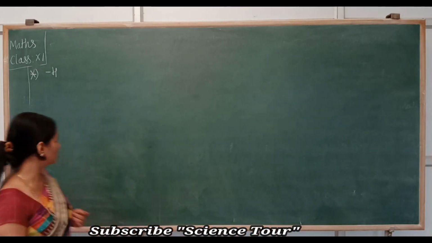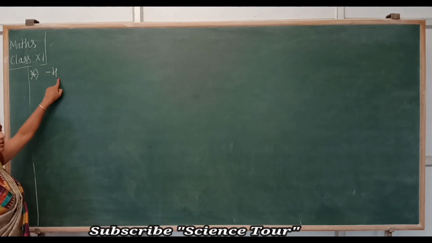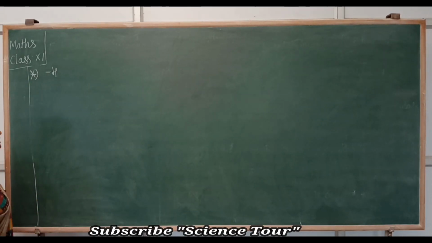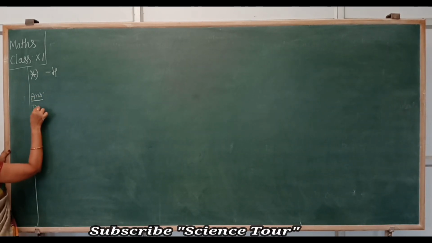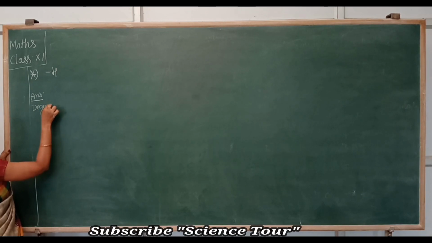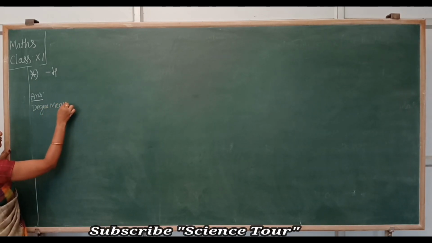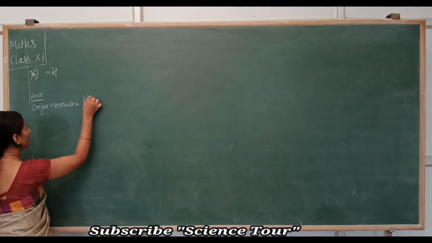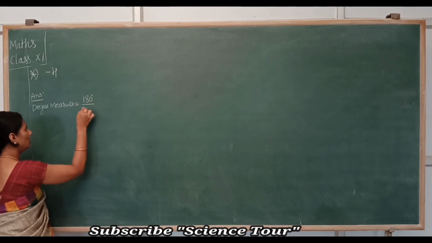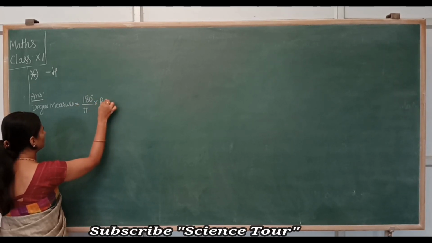The next question. Minus 4 radian. Find the degree measure of this. So what is our answer? The answer: degree measure is equal to, what is our formula? Degree measure is equal to 180 divided by pi into radian measure.